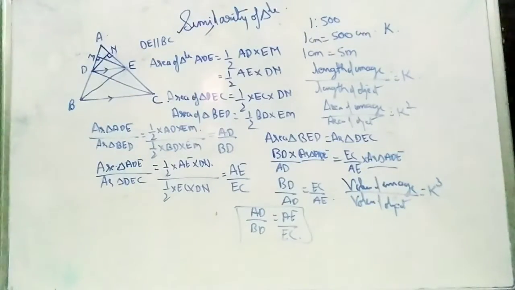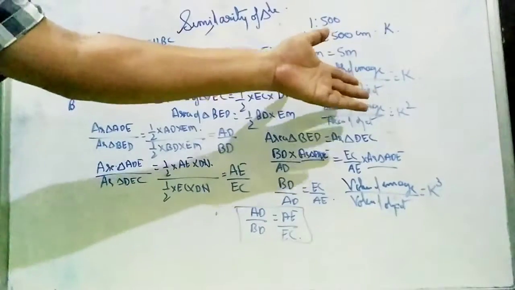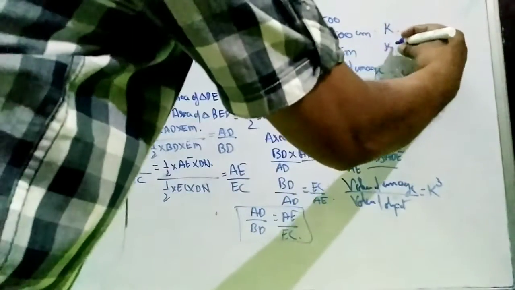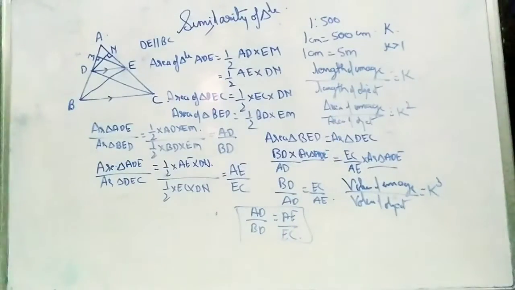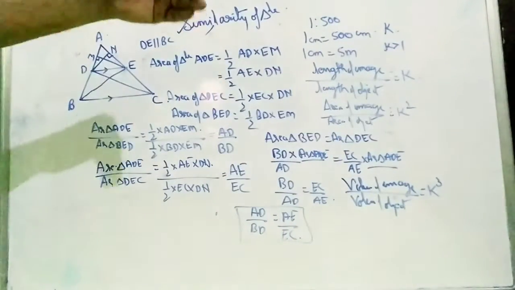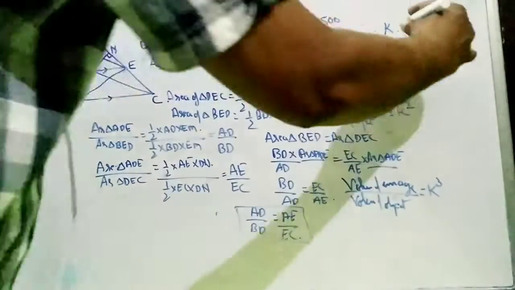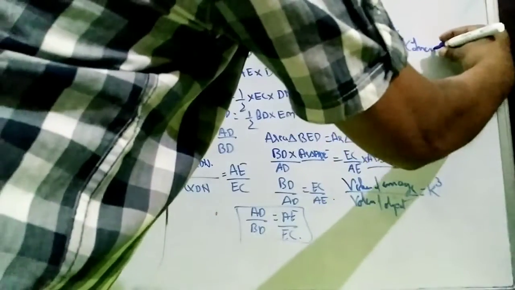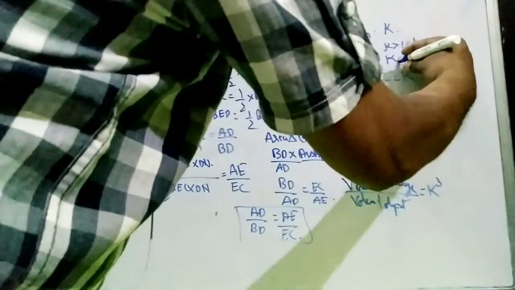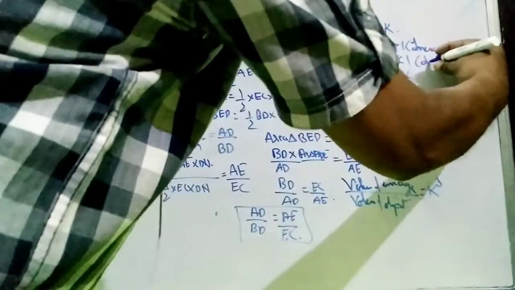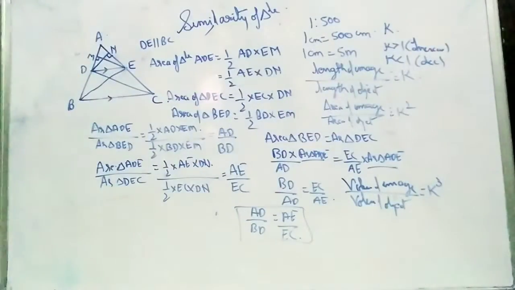K is the scale factor by which the image is increasing or decreasing. If the value of K is greater than 1, the image will go on increasing. If the value of K is less than 1, the image will go on decreasing.